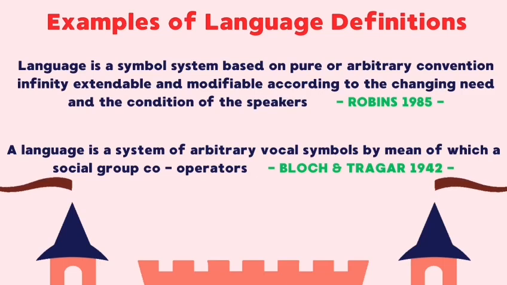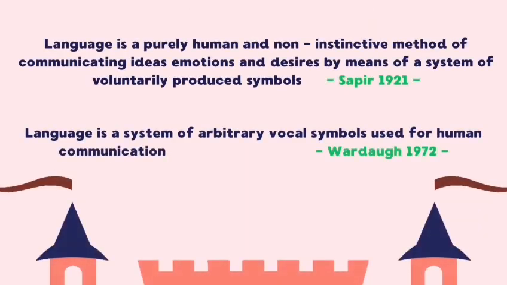Language is a system of symbols. The next definition is Sapir in 1921. He says language is a purely human and non-instinctive method of communicating ideas, emotions, and desires by means of a system of voluntarily produced symbols. That is the definition by Sapir.